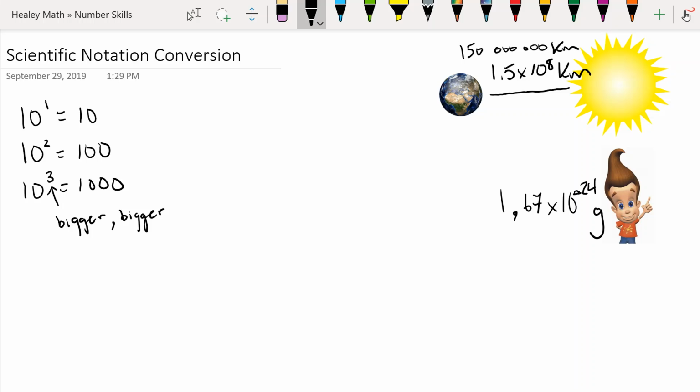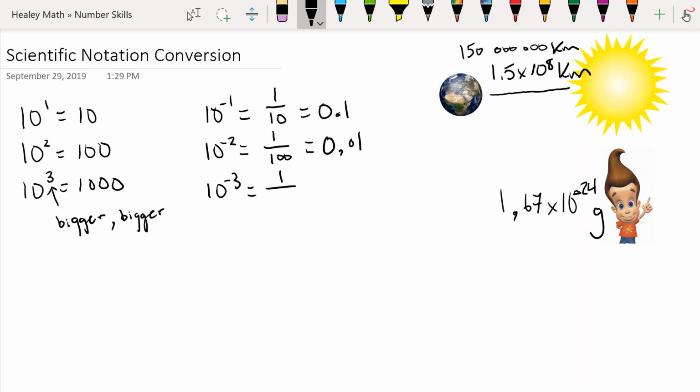On the other hand, when we have, say, 10 to the negative power of 1, that's the same as 1 over 10, or 0.1. 10 to the power of negative 2 is the same as 1 over 100, which is 0.01.